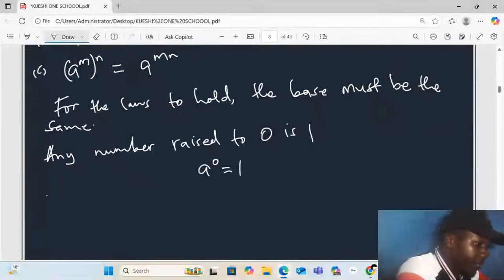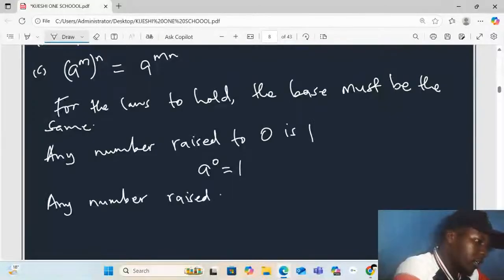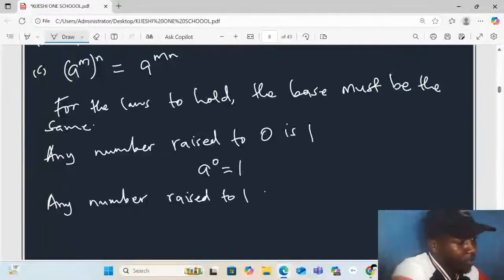And any number raised to 1, you'll get that number.